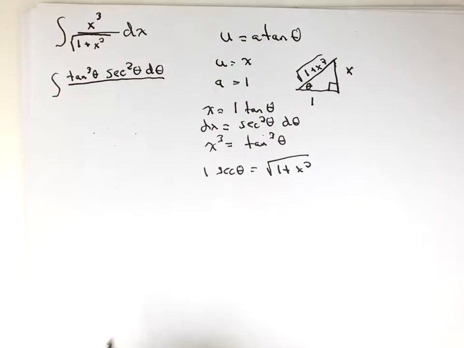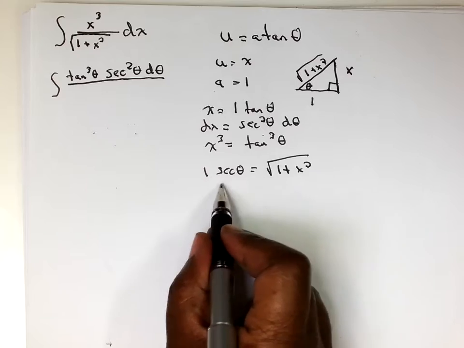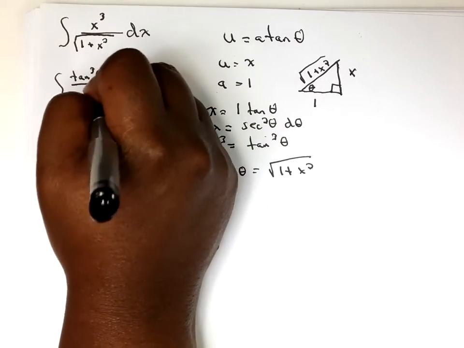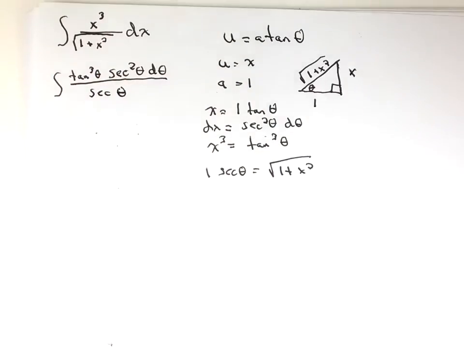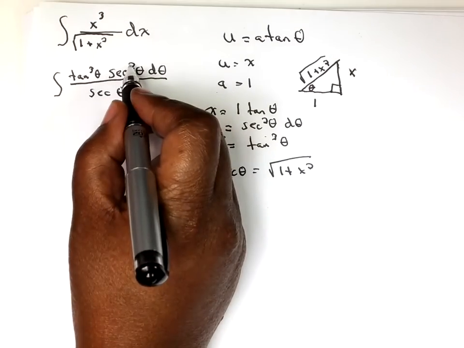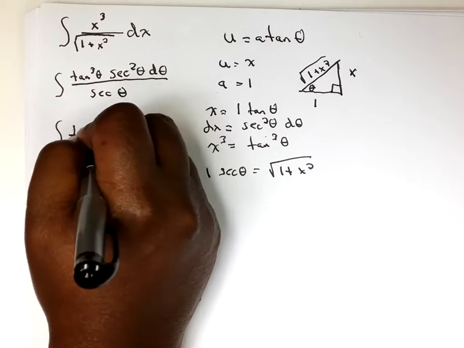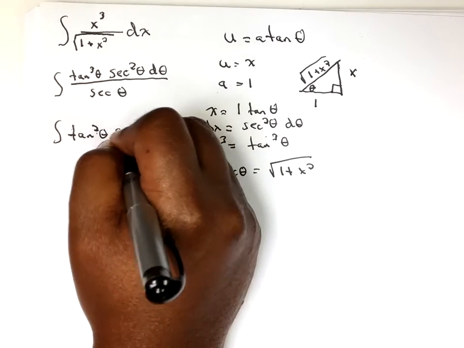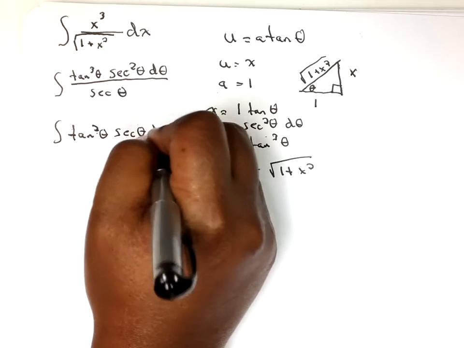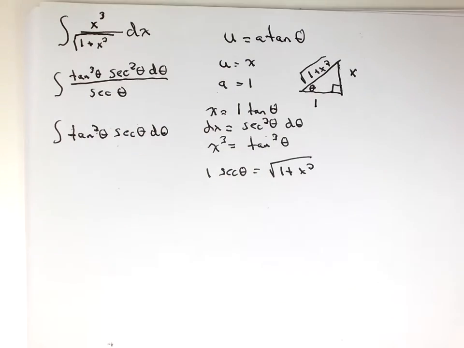And on the bottom, the square root of 1 plus x squared is 1 secant theta. Alright, so this secant will knock out one of those, and I end up with tangent squared theta, secant theta, d theta. I'm sorry, tangent cubed theta.